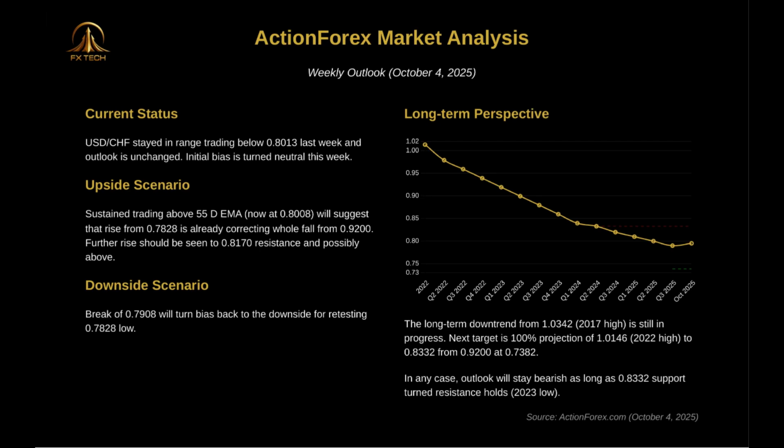Conversely, a break below 0.7908 would signal a bearish continuation toward the recent low of 0.7828. Long-term, the downtrend from the 2017 high remains intact, with a potential target at 0.7382.